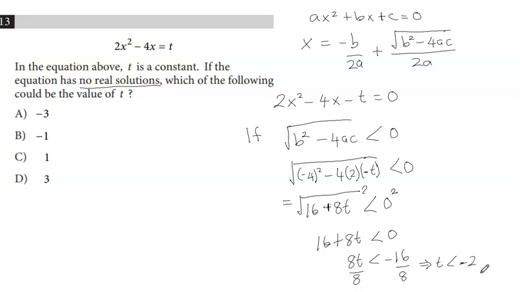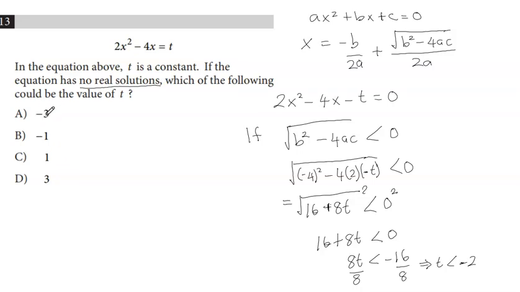So we're looking for values of t which are less than -2. Once we have those, it will cause the expression under the square root sign to be less than 0 or negative. And in that case, we do not have real solutions. So we look through the answers, right?